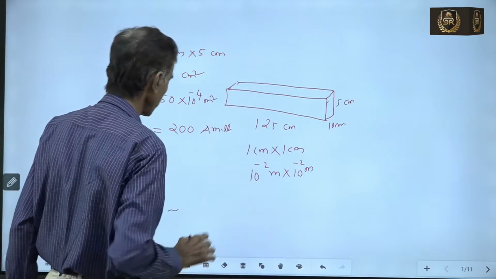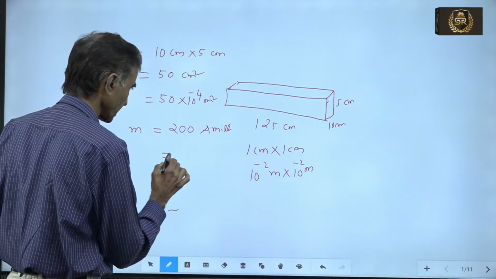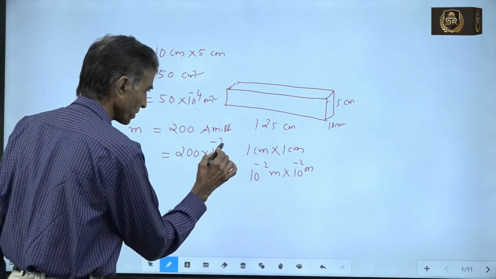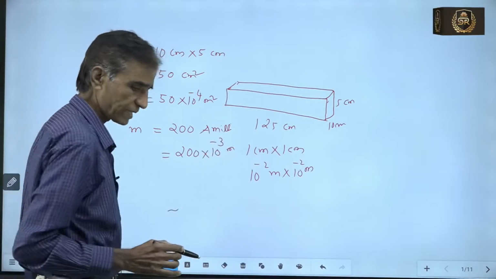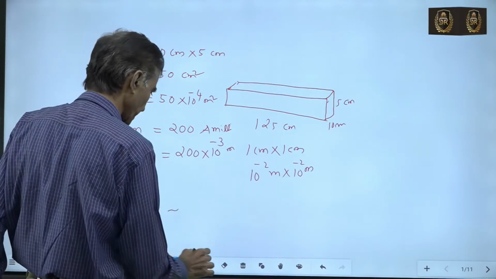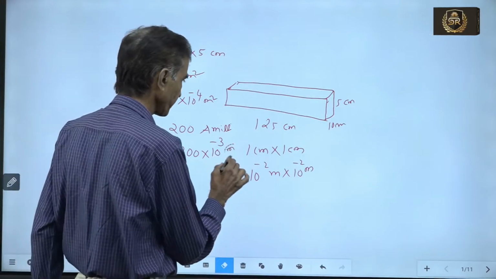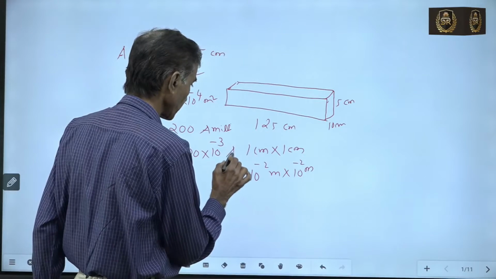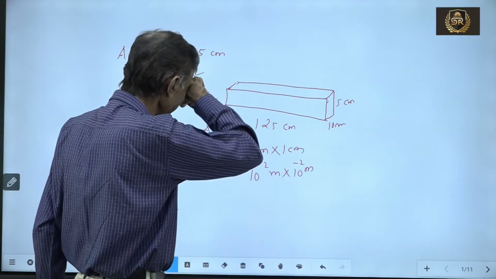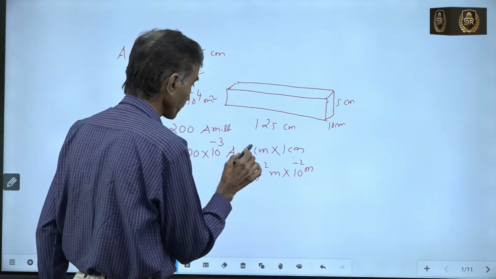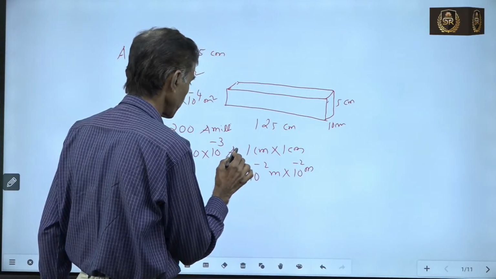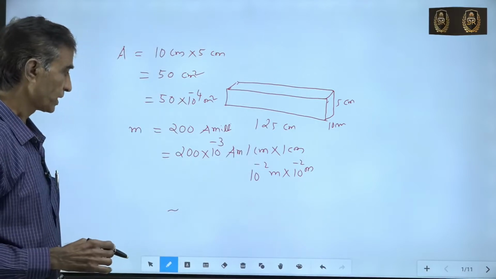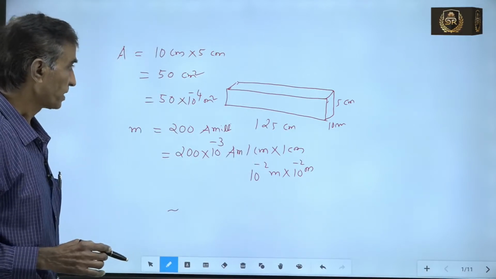That is equal to 200 into 10 power minus 3 ampere meter. You have to be very careful with units, otherwise everything goes wrong. Since milliampere meter is given, first we have to convert into ampere meters, that is 200 into 10 power minus 3 ampere meters.